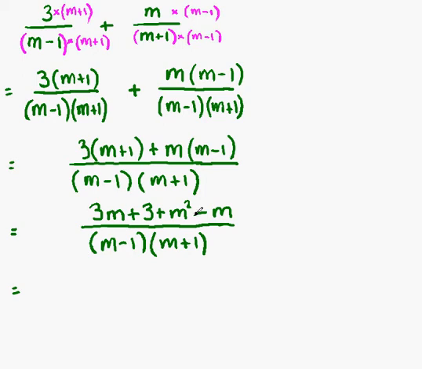We have some like terms here. The 3m minus m gives us 2m. So what we have on our numerator is m squared plus 2m plus 3. Our denominator stays the same.